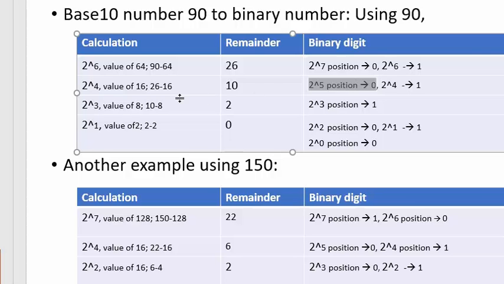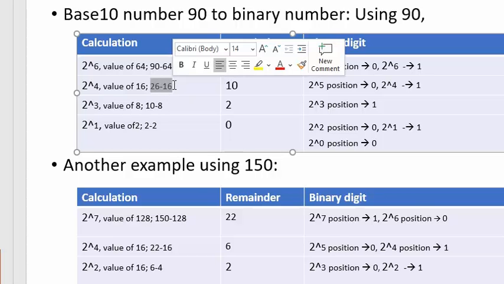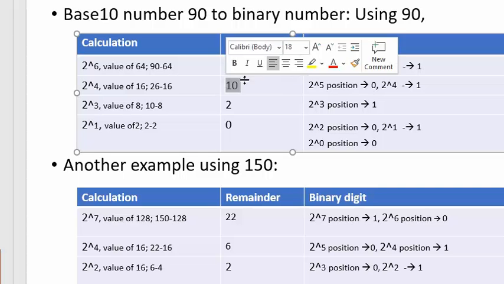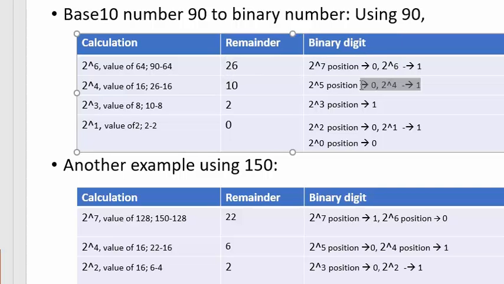Now 2 to the 4, which is 16. Now we can use 16 because it's smaller than 26. So you subtract it, and you get 10, that's the remainder. And in terms of giving 1 or 0, 2 to the 5th position we didn't use, so it gets 0. 2 to the 4th gets 1, because that's how we subtracted it.